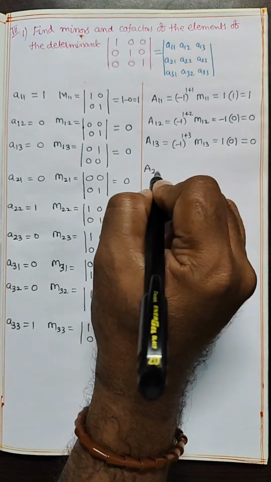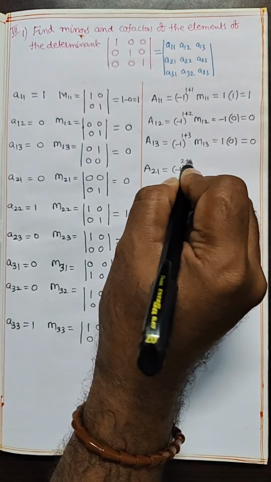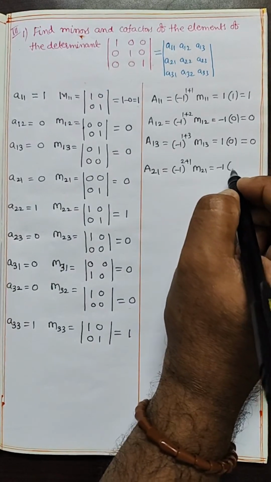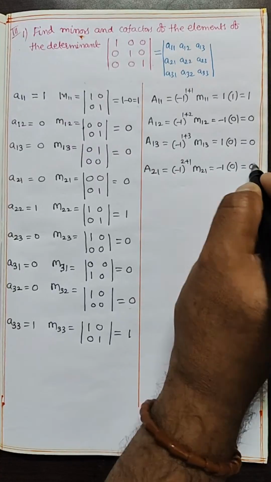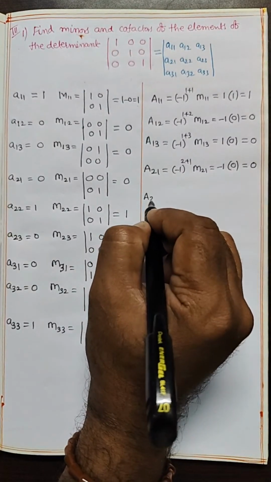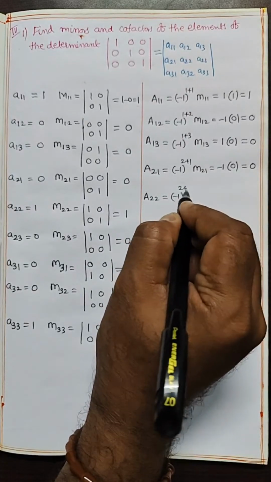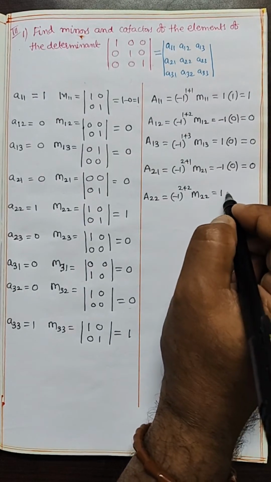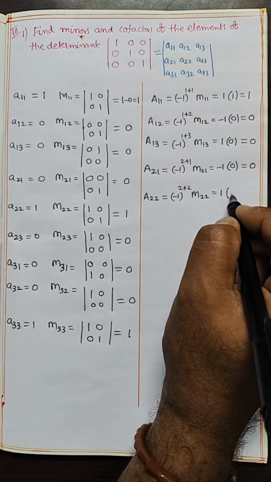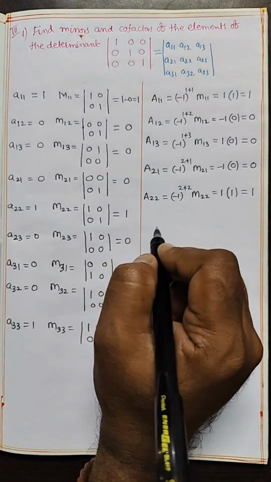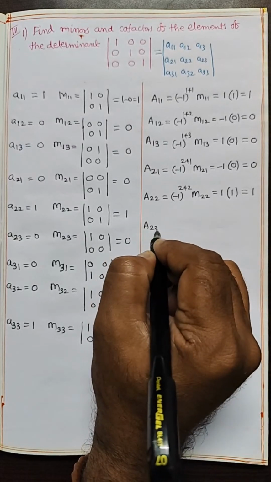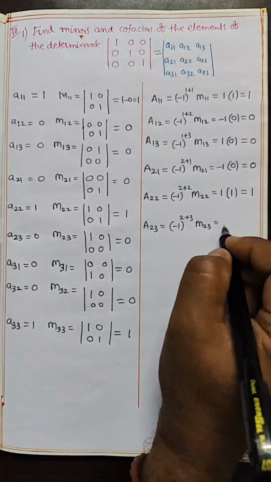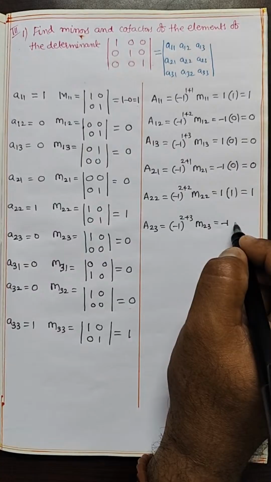Next, A21 is (minus 1) to the power 2 plus 1 into M21, equal to minus 1 into M21 value 0, that is 0. Next, A22 is (minus 1) to the power 2 plus 2 into M22. Minus 1 to the power 4 is plus 1, M22 is 1, so equal to 1. A23 is (minus 1) to the power 2 plus 3 into M23, minus 1 into 0 is 0.